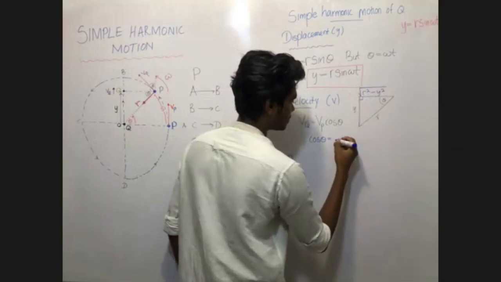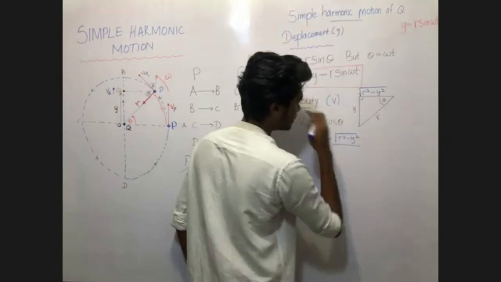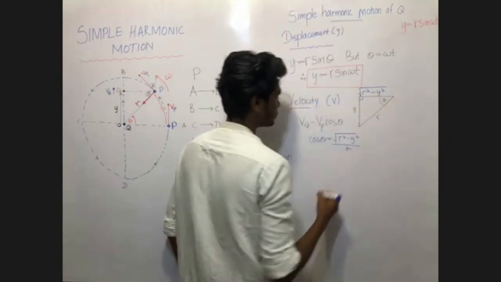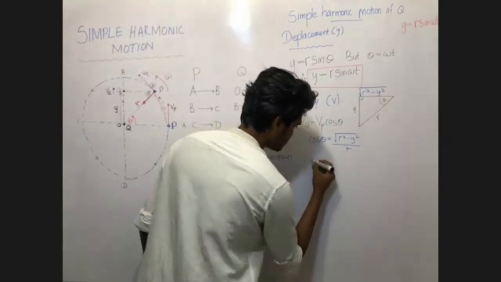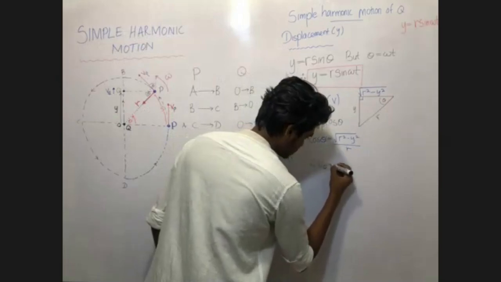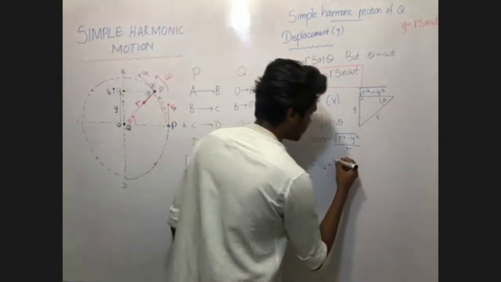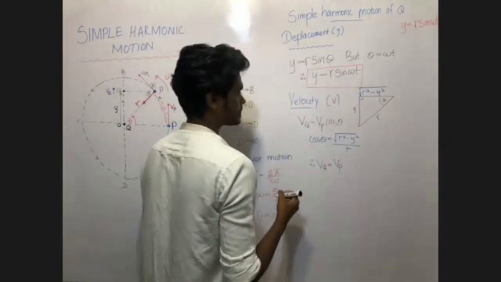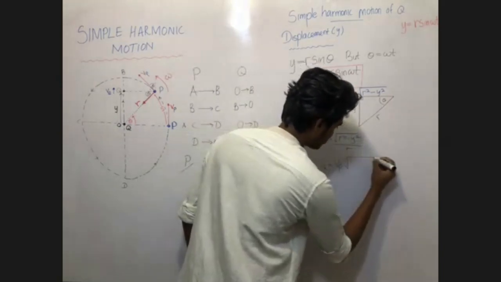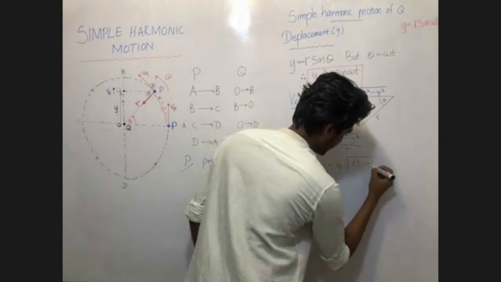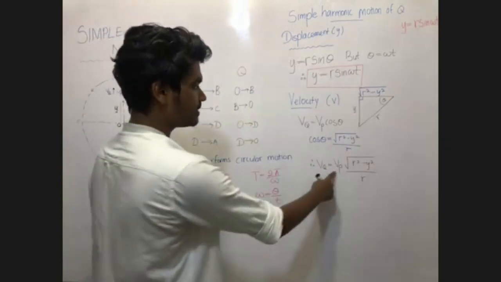Adjacent over hypotenuse R. So therefore VQ is VP times cos theta, which is the square root of R squared minus Y squared over R. What is VP?